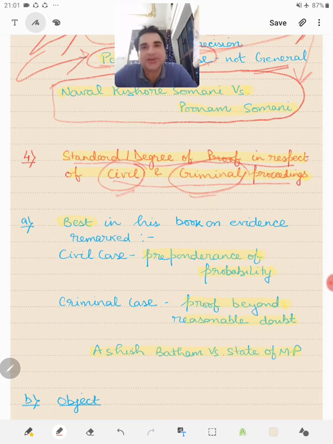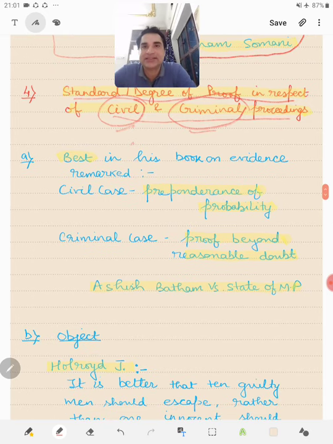There is a difference of standard or degree of proof, or the degree of probability, which is to be seen in a civil case and a criminal case. Now, what is that difference in the standard or degree of proof?